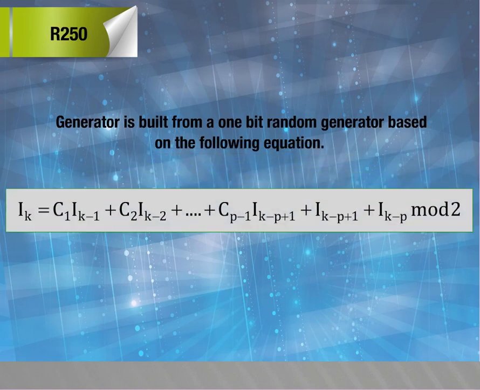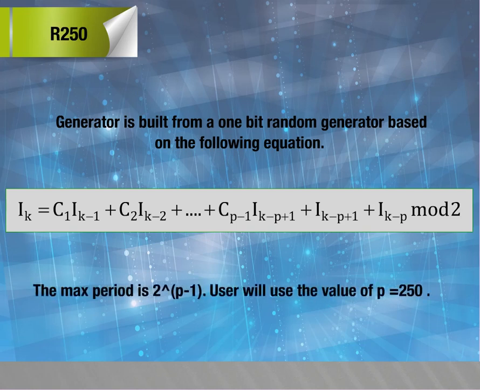Ik = (C1 Ik-1 + C2 Ik-2 + and so on up to Cp-1 Ik-P+1 + Ik-P) mod 2. The max period is 2 to the power P minus 1. User will use the value of P equal to 250.